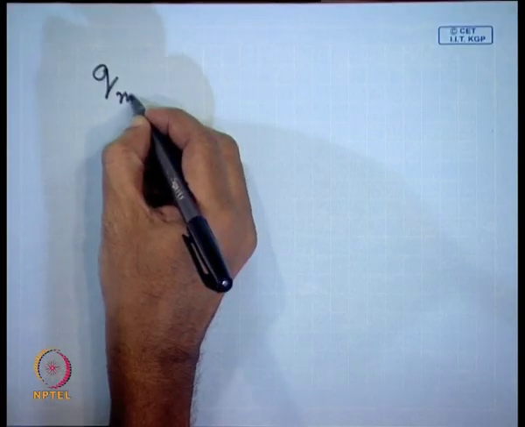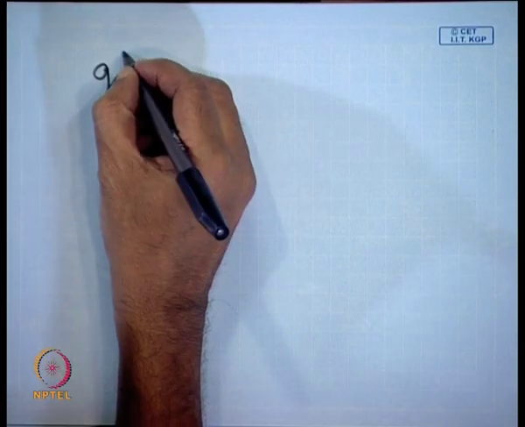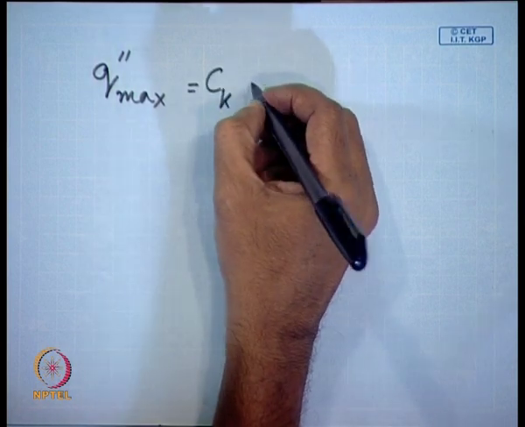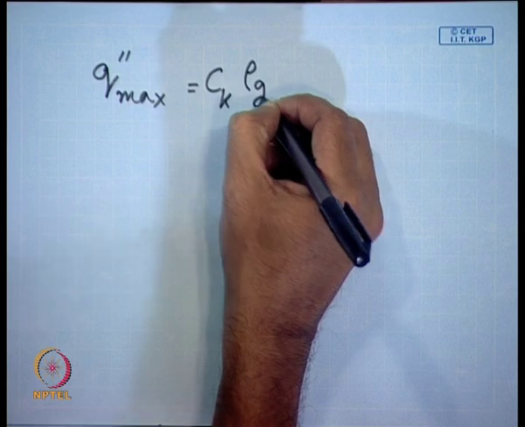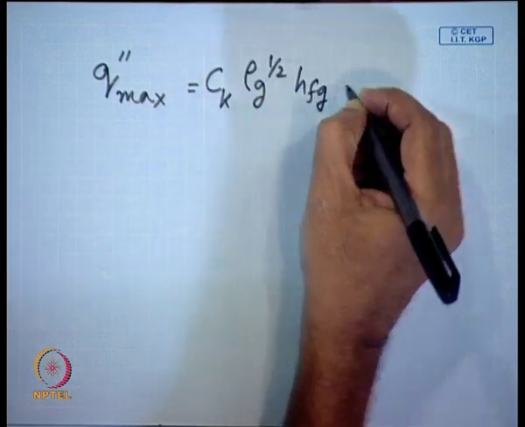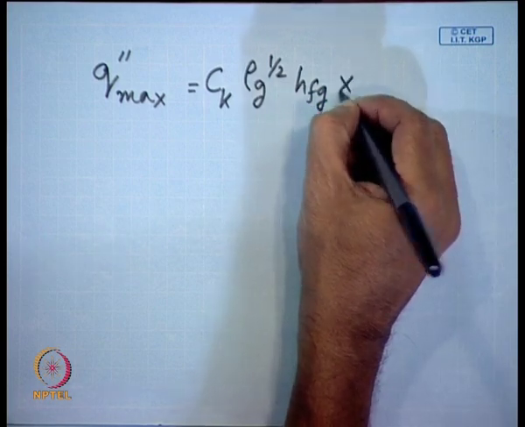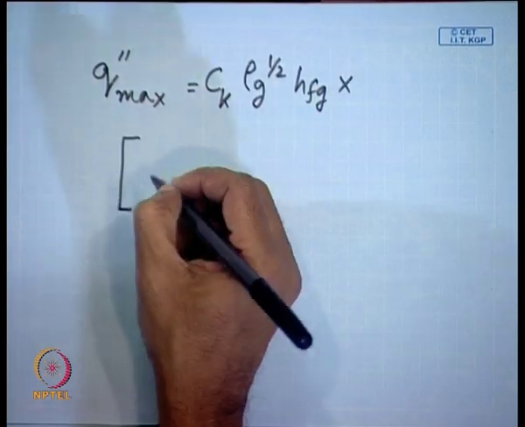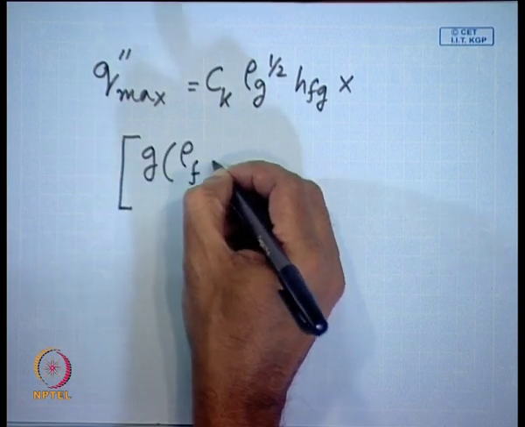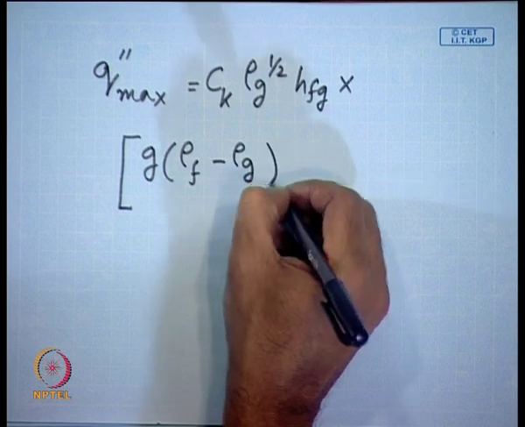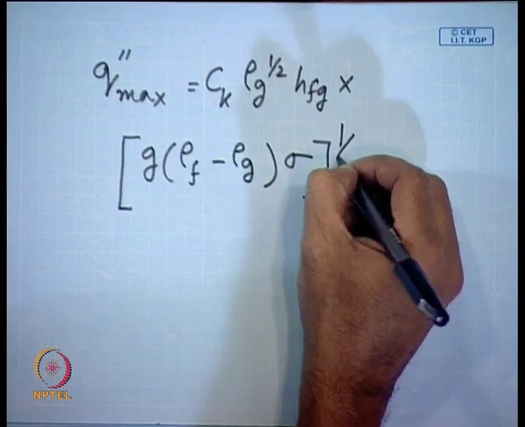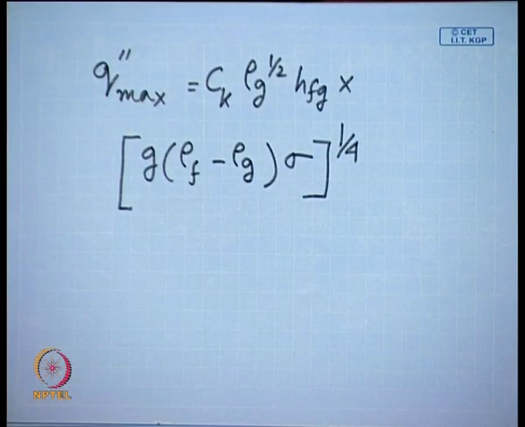Q max equal to C k rho g to the power half H fg multiplied by [g (rho f minus rho g) sigma] to the power 1/4. Okay.